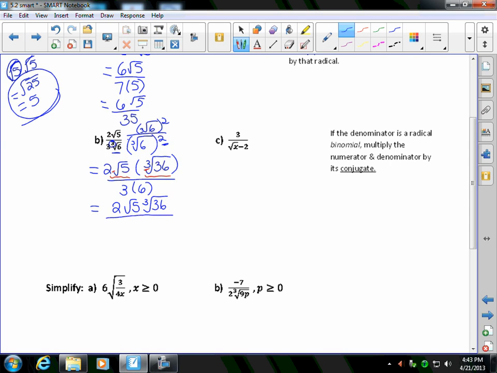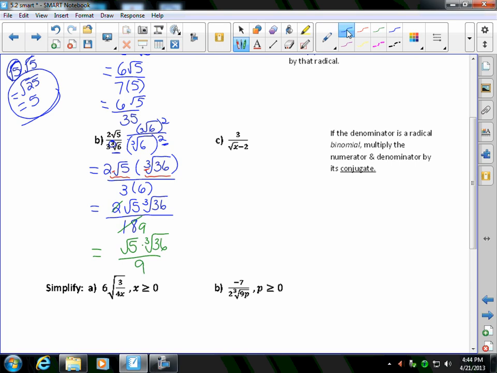I don't have a cube that will divide evenly into 36, because 2 times 2 times 2 is 8, and 8 doesn't divide into 36. And then 3 times 6 on the bottom is 18. But I'm still not done simplifying. My 2 will divide into 18 9 times. So my final answer is square root 5 times cube root of 36 all over 9.